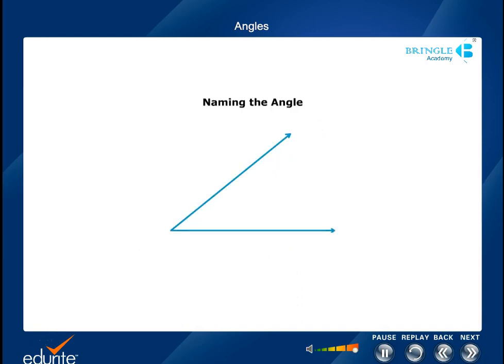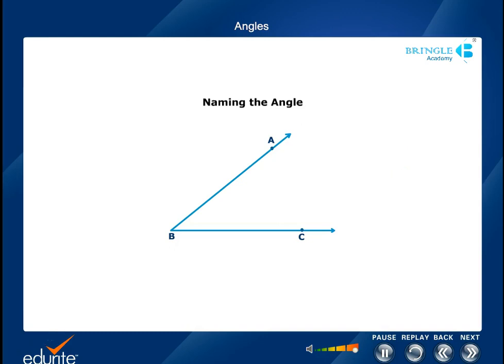You can name an angle using the capital letters of the English alphabet and write it as angle A, B, C, or angle C, B, A, where the vertex is the middle letter B. This symbol is used to represent an angle, and the angle is written as angle ABC, angle CBA, etc.